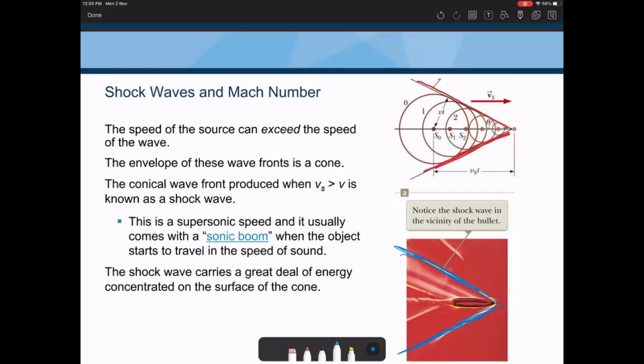That is a simple version of the shock wave, where you have the source that is moving faster than the water waves. So this is a daily life situation.